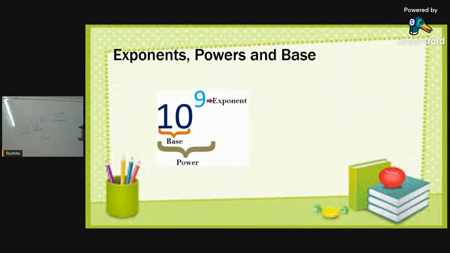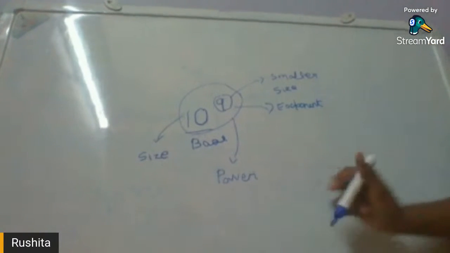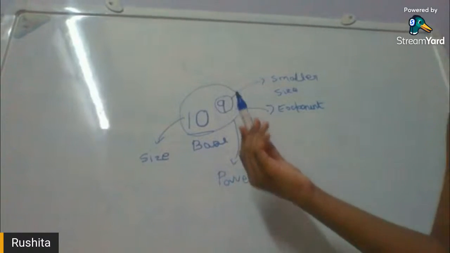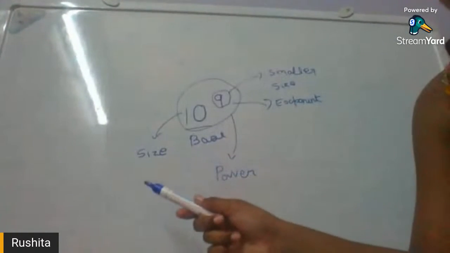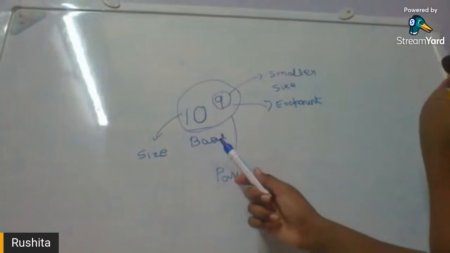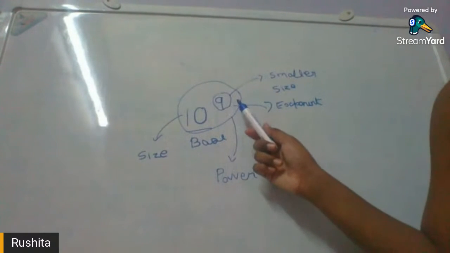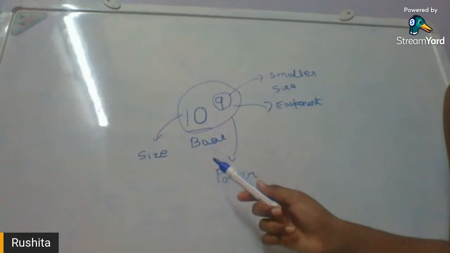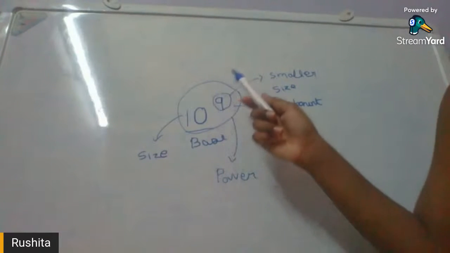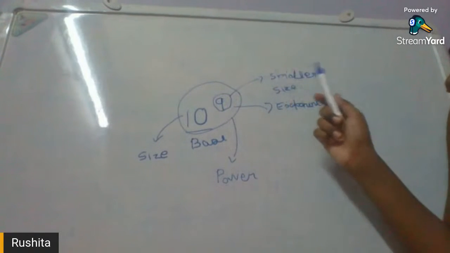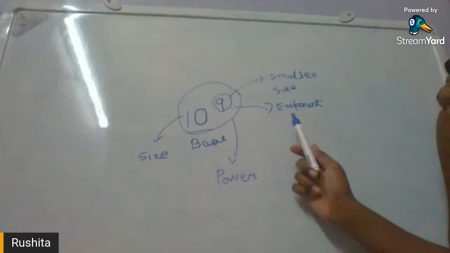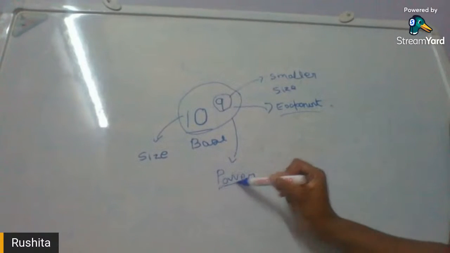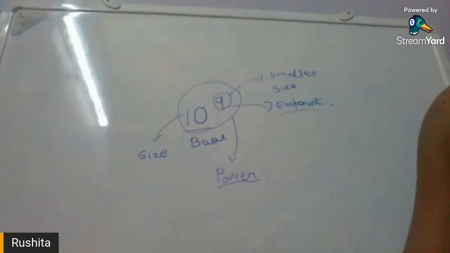So as you can see the board, I'll zoom the board once more. Yes, now we can see that in 10 to the power of 9, whatever is in a prominent size and is also having a number above it is called the base. And the number which is above the base and is in a smaller size is called the exponent. And the whole thing is called the power. Understood? Yes.